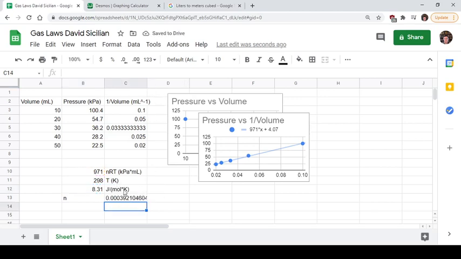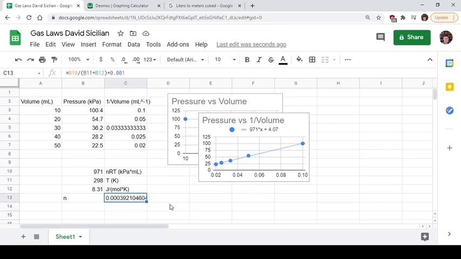So remember, this is an estimate. We're estimating that the actual temperature this experiment was done in was roughly 20 degrees Celsius, which is often considered room temperature. So that's 298 Kelvin.